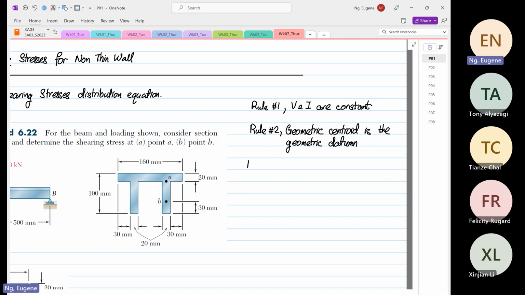Then we have rule number 3, the analysis starts from the distance furthest away from the centroid.